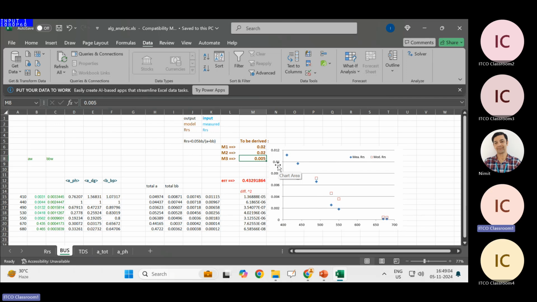It's a good practice. It really gives you a feeling for what remote sensing reflectance is, and which component affects which spectral range. Let's play with this a little bit. Here we have M2 as 0.0202. You see in the blue part, the model is much smaller than the measurement. So we want to make it match the blue. What should we do? Increase or decrease?